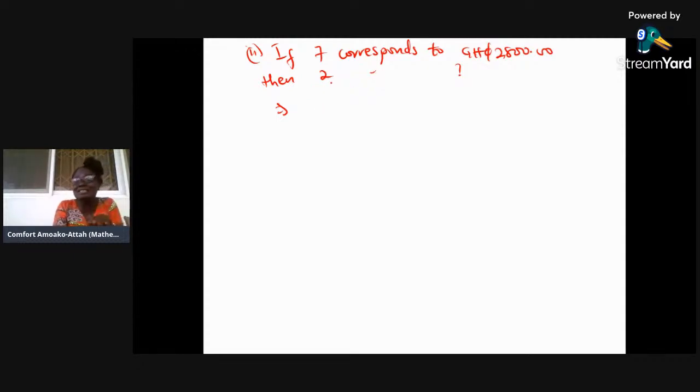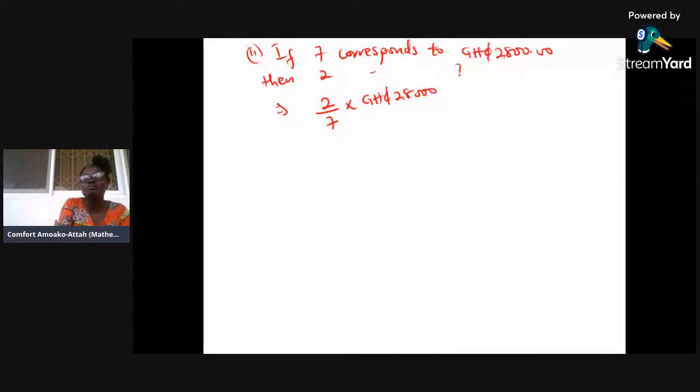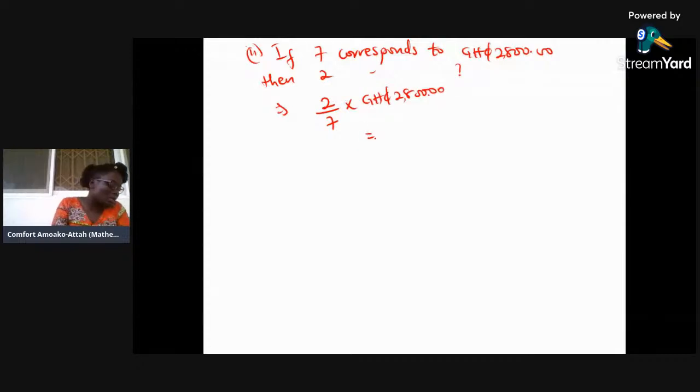So this will give us a lesser amount. So if less, more will divide. So this will give us 2 over 7 times 2,800 cedis. All right, we bring a point here. Good. Simplifying this, we are going to get 800 Ghana cedis. 800 Ghana cedis. All right.